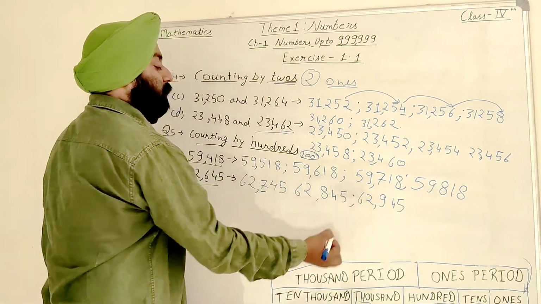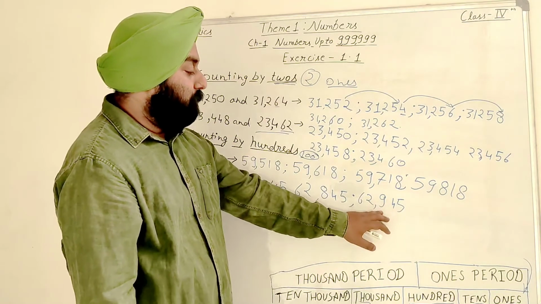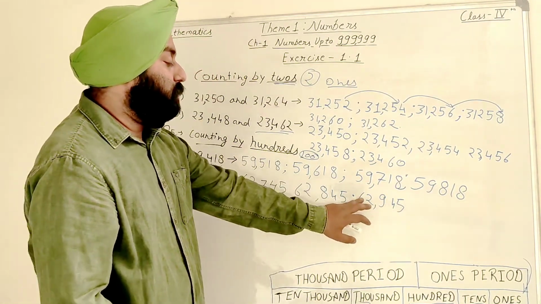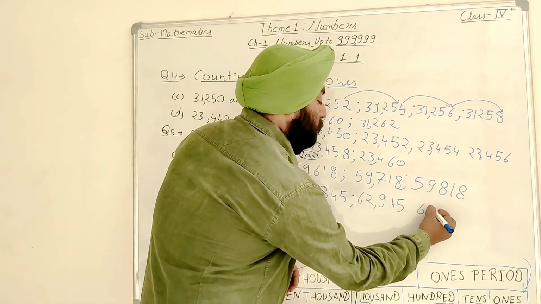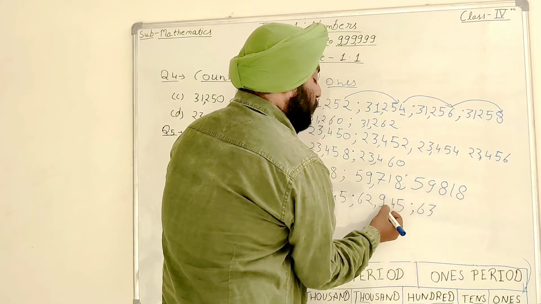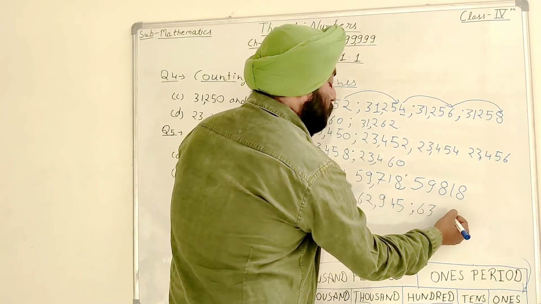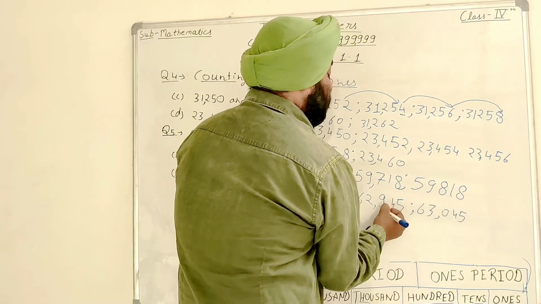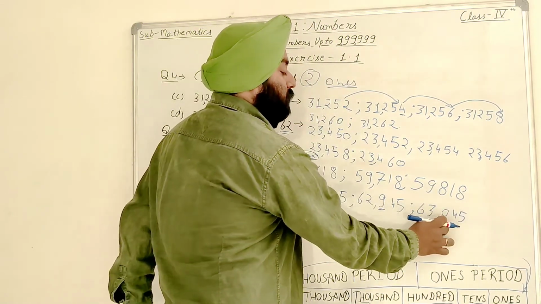After that, it's a tough one. We have to add 100 in 945, then it will become 63,000. After adding 1, 63,045. After 9, again 0.